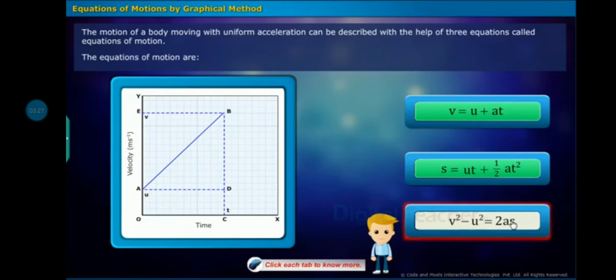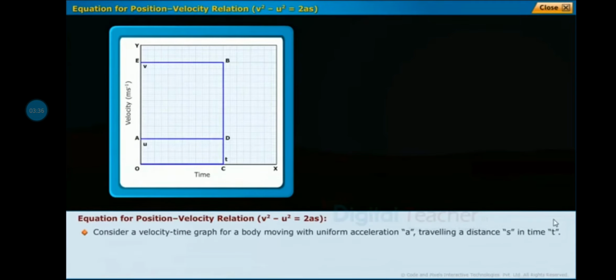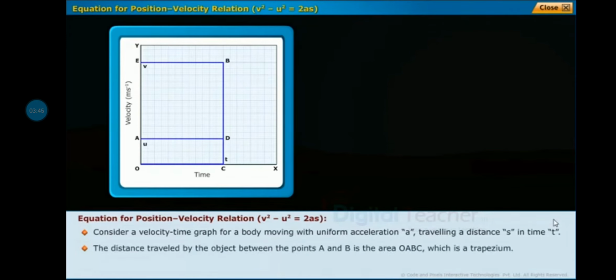Now the third equation of motion, that is equation for position velocity relation, v square minus u square is equal to 2as. Consider a velocity time graph for a body moving with uniform acceleration a, traveling a distance s in time t. The distance traveled by the object between the points A and B is the area OABC, which is a trapezium.